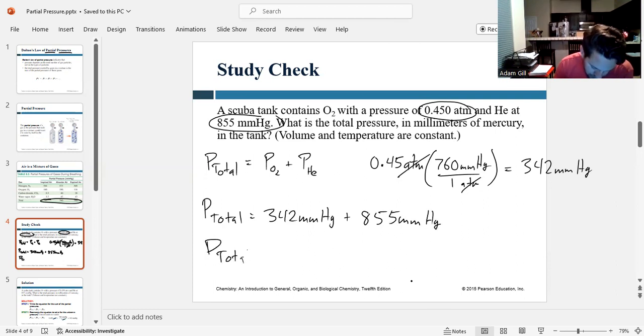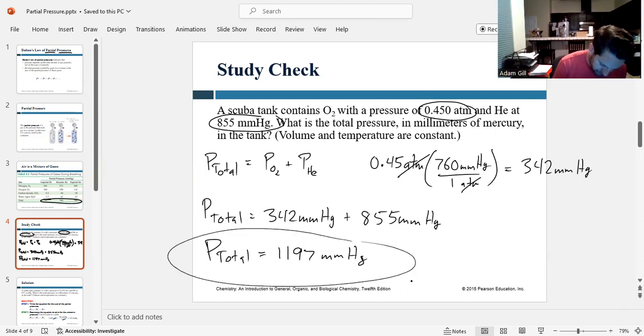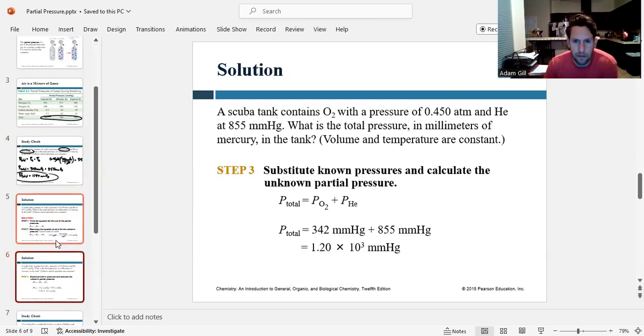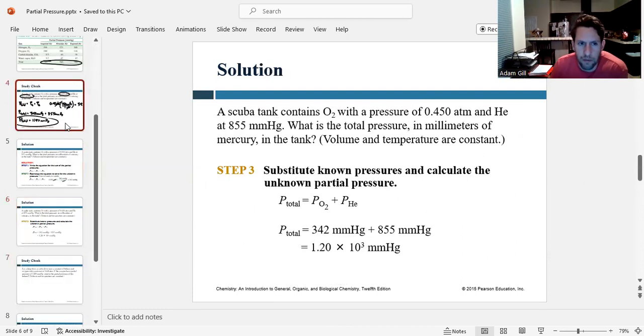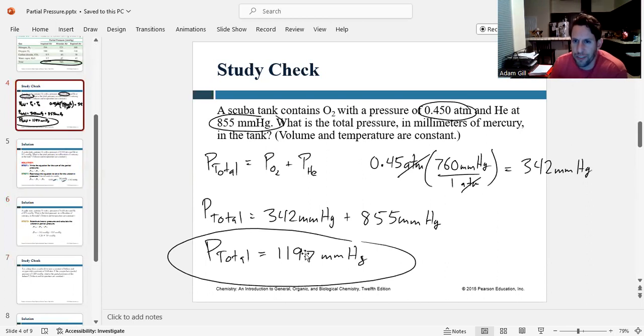So the total pressure is going to be 1197 millimeters of mercury. And if you round that to 2 sig figs or 3 sig figs, like 1200.